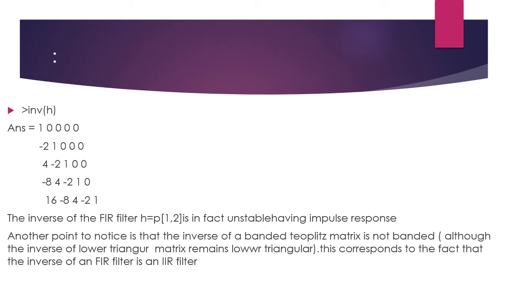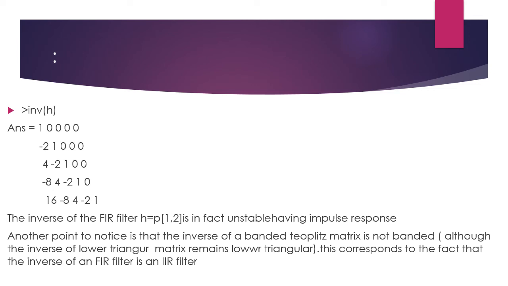The inverse answer is equal to 1 0 0 0 0, minus 2 1 0 0 0, 4 minus 2 1 0 0, minus 8 4 minus 2 1 0, 16 minus 8 4 minus 2 1. The inverse of the FIR filter H equals [1, 2] is in fact unstable, having a growing impulse response.